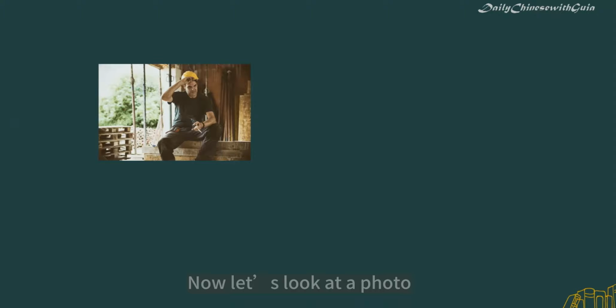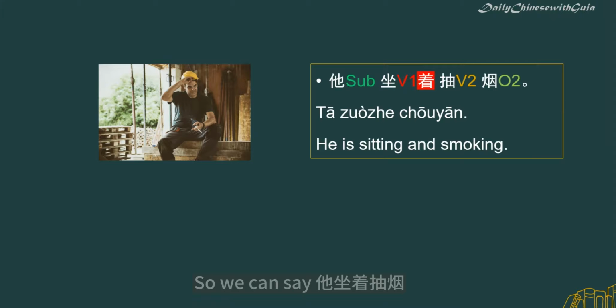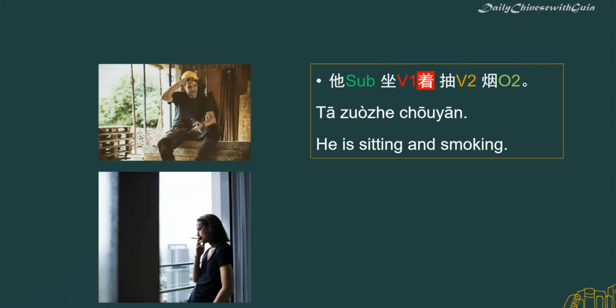Now let's look at a photo. The man is smoking, right? Does he stand or sit? Yeah, sit. Okay, so we can say 他坐着抽烟. Let's see another photo.